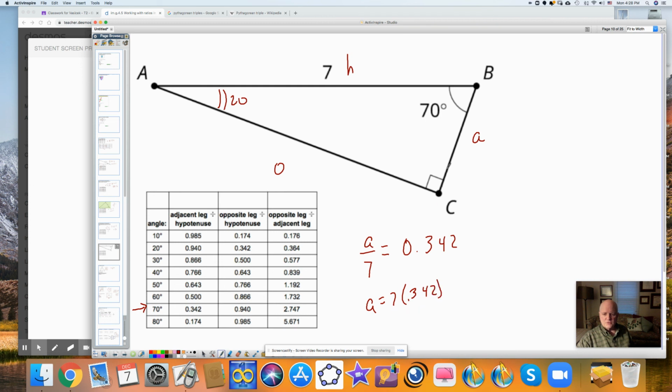That'll be my answer for the length of A. For the opposite, if I use this ratio, the opposite divided by the hypotenuse is equal to O divided by 7, which is, from here, 0.940. And you multiply both sides of this equation, and you get O is equal to 7 times 0.940. This is not the number 0, this is the letter O.